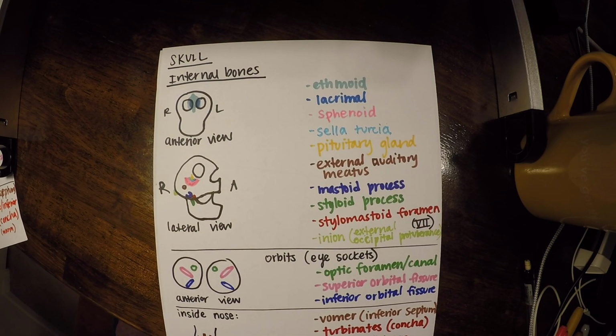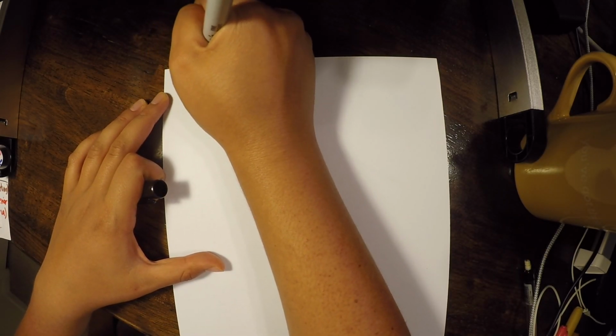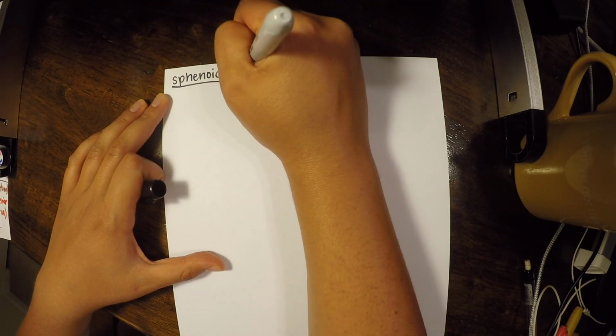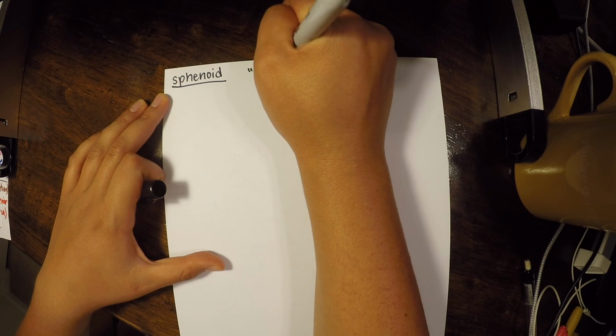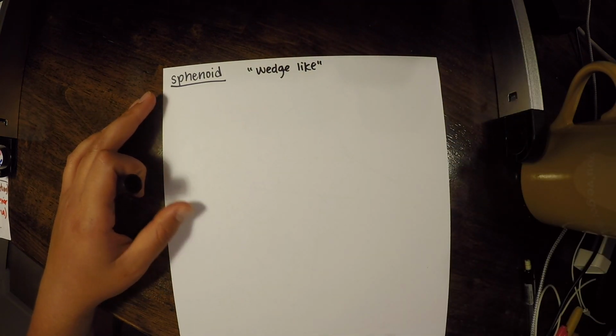Okay, so that's inside of the nose. And I promised you before that we would take a closer look at the sphenoid bone, so let's do that. All right, so for our sphenoid bone, sphenoid means wedge-like. That's just what the sphenoid means.